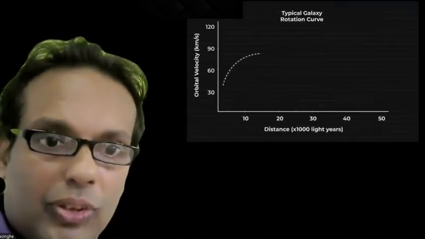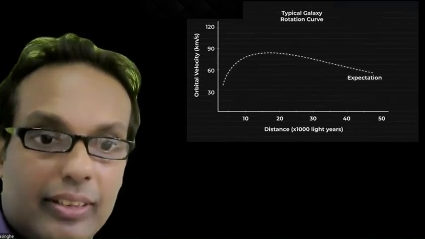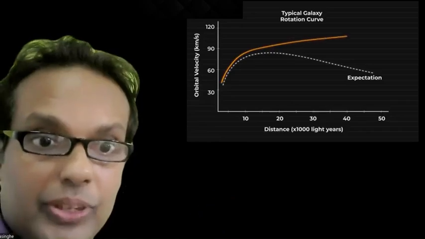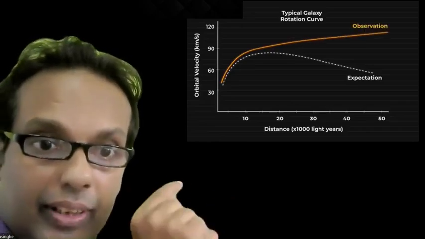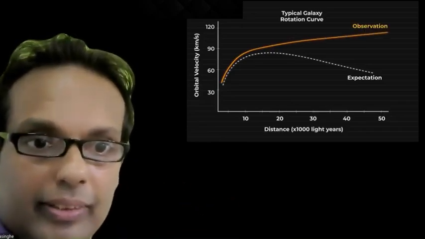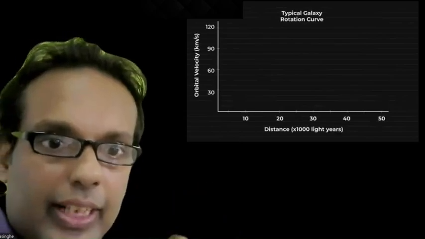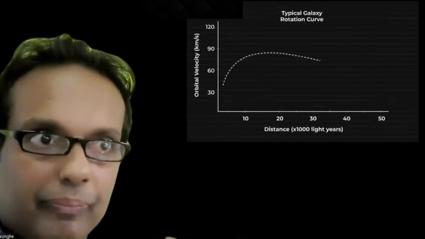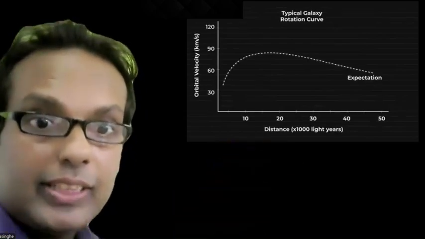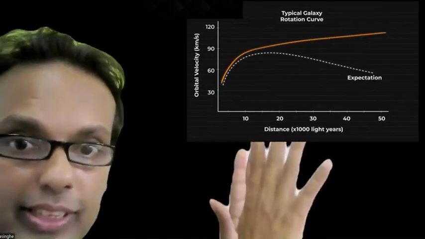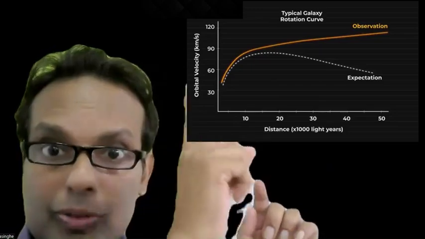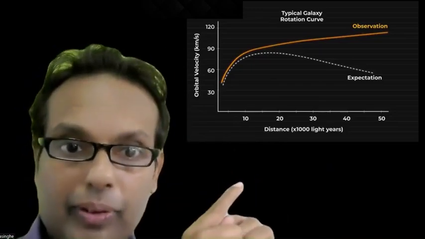Then there's another method called gravitational lensing. But today I'm going to concentrate on the galactic orbital speed curve. Again, I'll repeat. At the center of a galaxy, there's a supermassive black hole. All the other solar systems are orbiting that supermassive black hole.